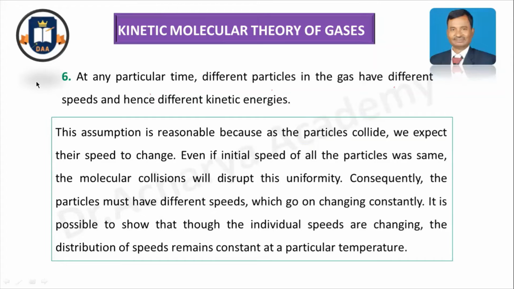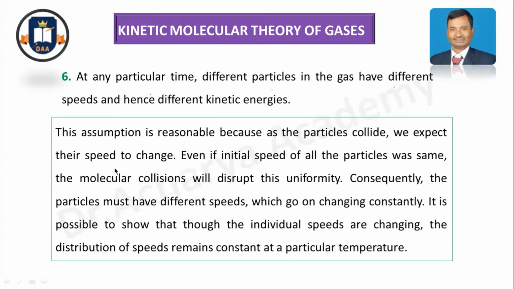Now assumption number 6. At any particular time, different particles in the gas have different speeds and hence different kinetic energies. So this assumption is reasonable because as the particles collide, what do we expect?